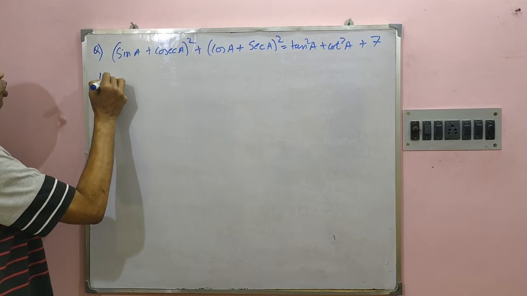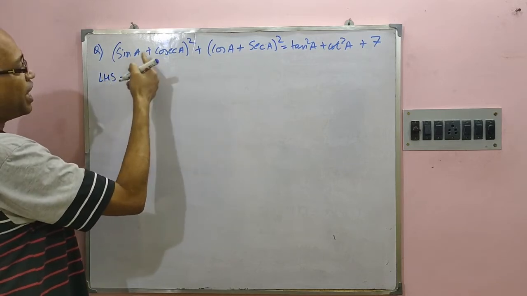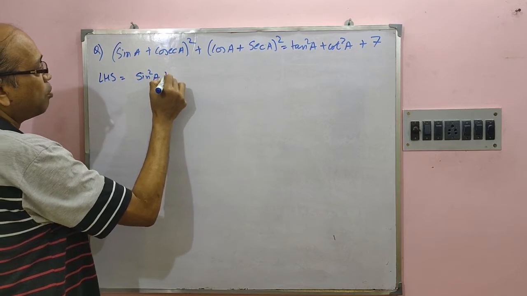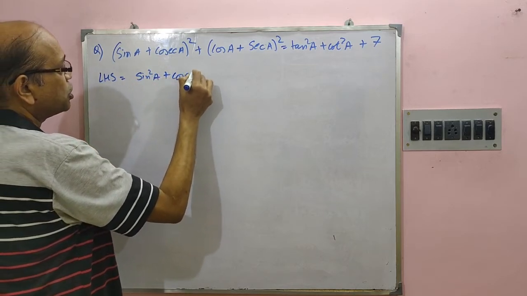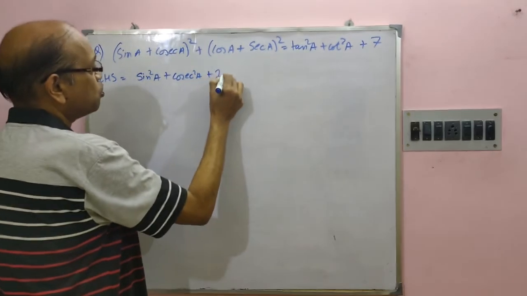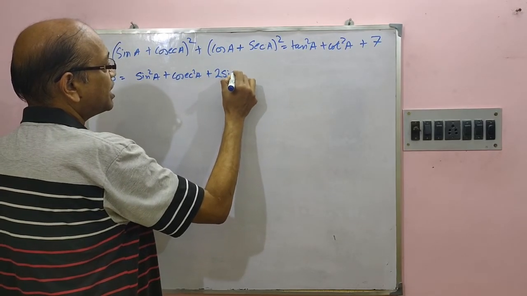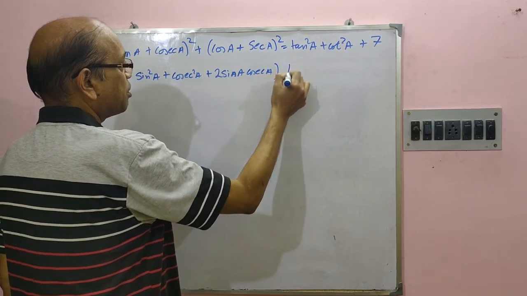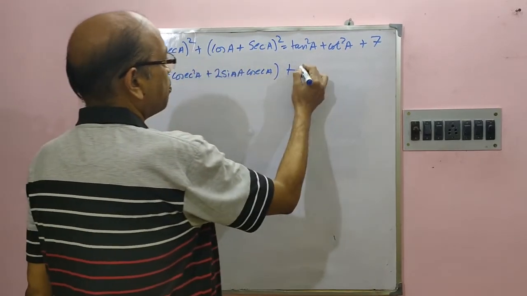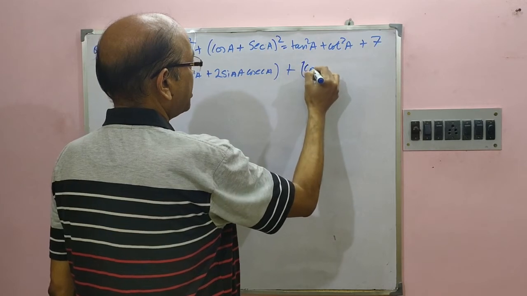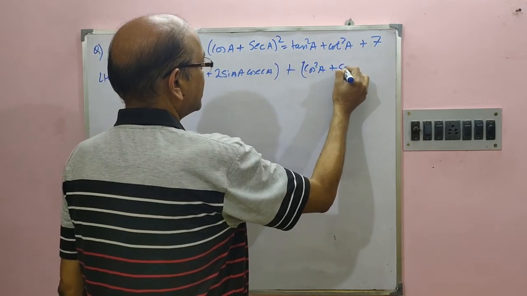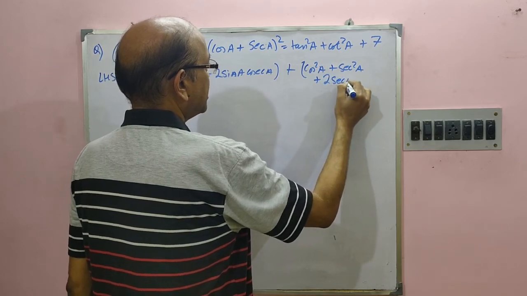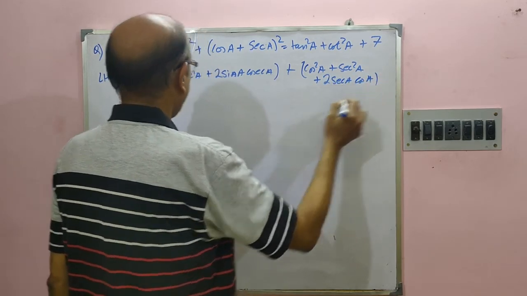Left hand side, open up the brackets. What I get, a plus b whole square is sine square a plus cosecant square a plus 2 sine a cosecant a. Again open up this, cos square a plus secant square a plus 2 secant a cos a.